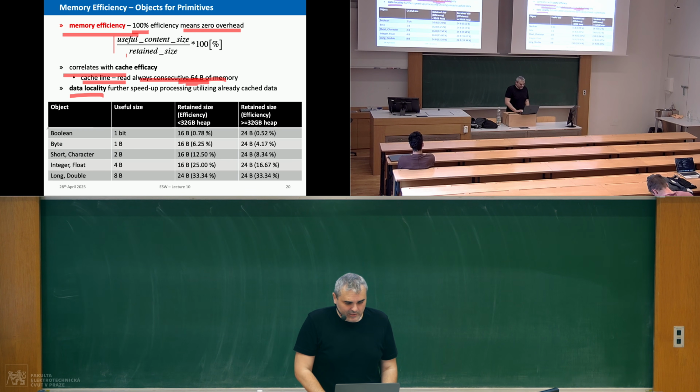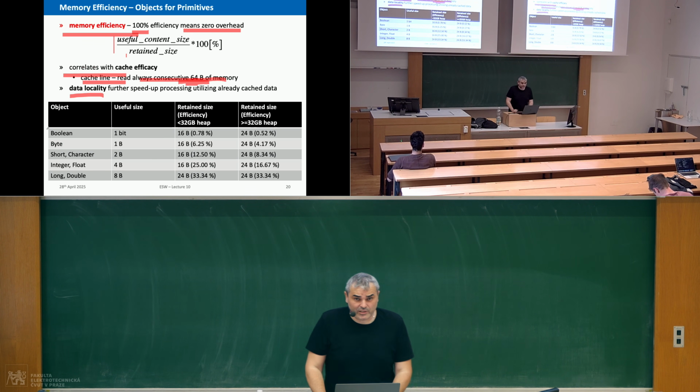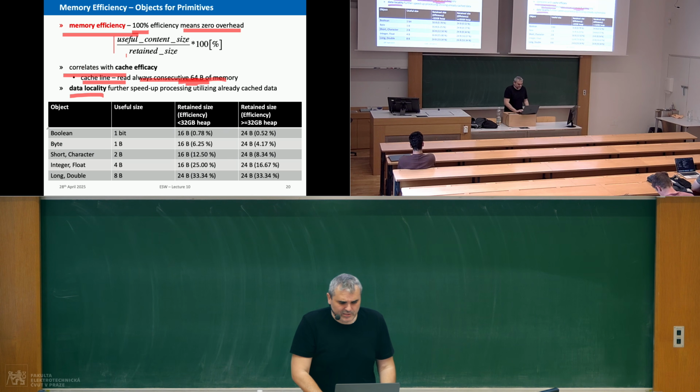So let's summarize in this table the memory efficiency of the basic object representation for standard types, from Boolean to double. You can see that, for example, for Boolean, useful content is 1 bit, true or false. Retained size for the smaller heap is 16 bytes: a 12-byte header and 1 byte for Boolean. That's it. So if we compute memory efficiency, it's less than 1%. Everything else is overhead.